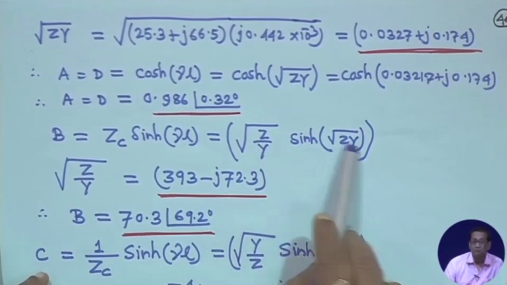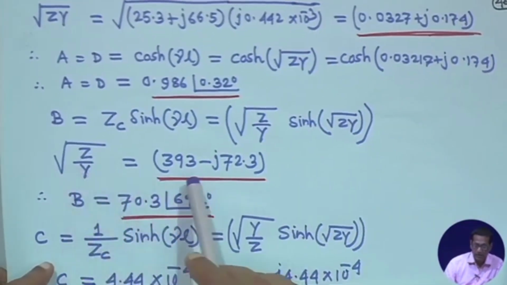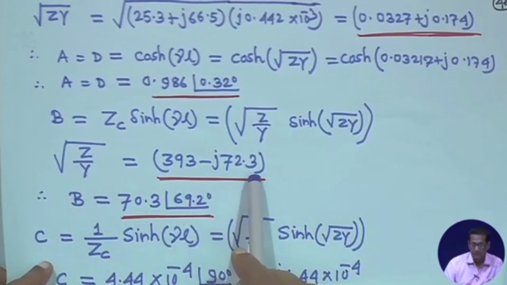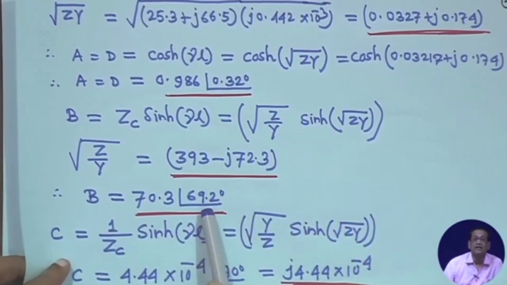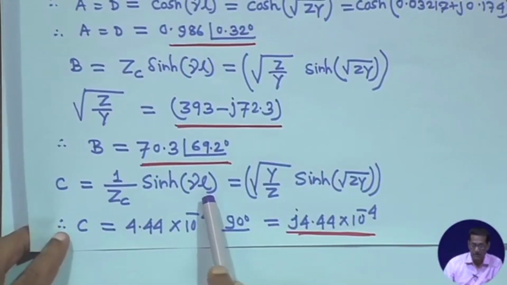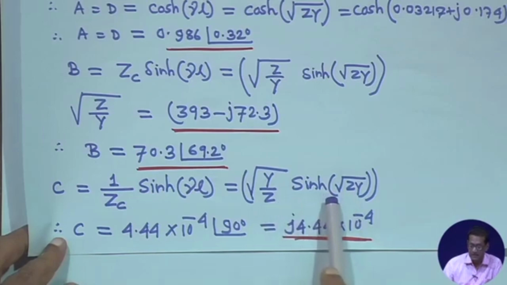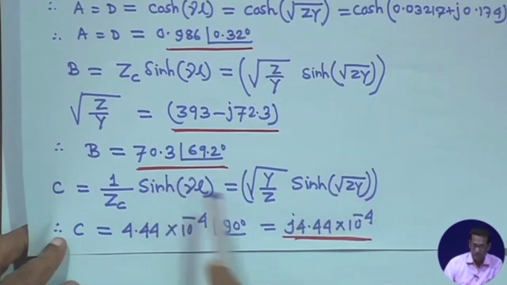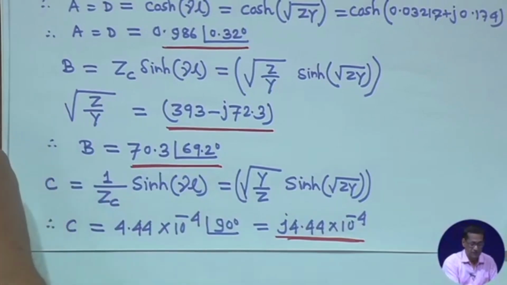If you compute root over Z by Y, it will be 393 minus j 72.3, and hence B is 70.3 angle 69.2 degree. C is equal to 1 upon ZC sin hyperbolic gamma L, so it is root over capital Y by capital Z, sin hyperbolic root over ZY. If you substitute all these values, you will get C is equal to j 0.44 into 10 to the power minus 4. So that is all the ABCD parameter computation for the long line.